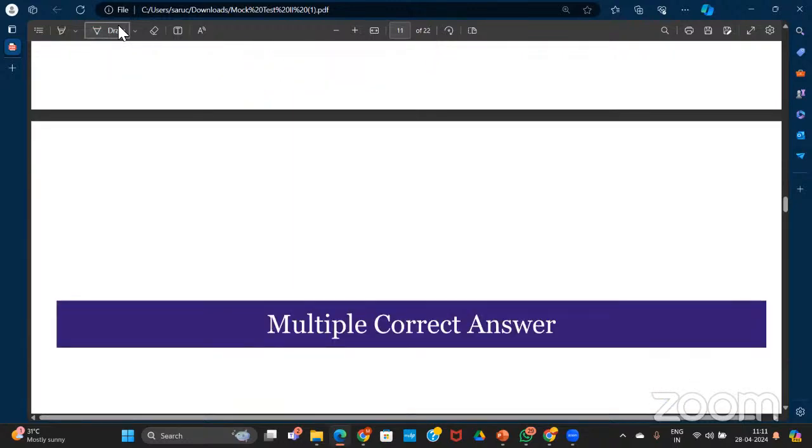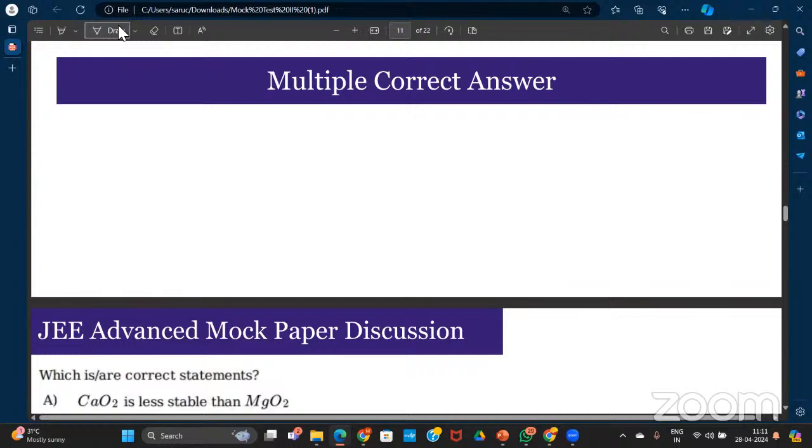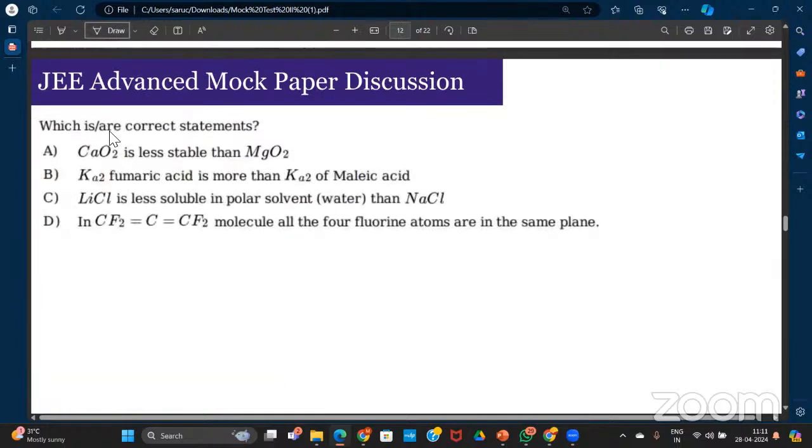Okay, so look over this question, which is a statement. CaO2 is less stable than MgO2, Ka of fumaric acid is more than Ka of malic acid, LiCl is less soluble in polar solvent than NaCl, and in the CF2=CF2 molecule, all the 4 fluorine atoms are in the same plane.